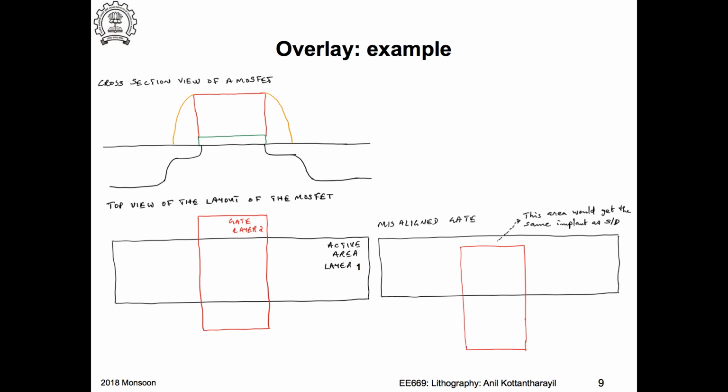Will this transistor work? Because I have this structure only in this region. Here I am going to put my gate and do source drain implants. So this will be N plus, this will be N plus, this will be N plus. This will be a resistor in parallel with a transistor, and the transistor is now useless.